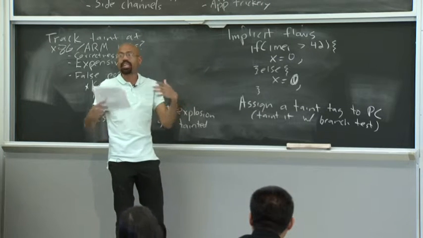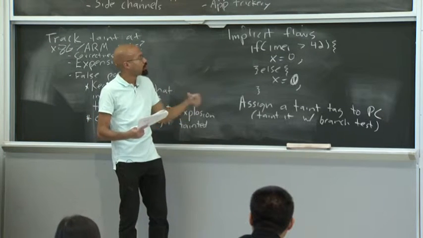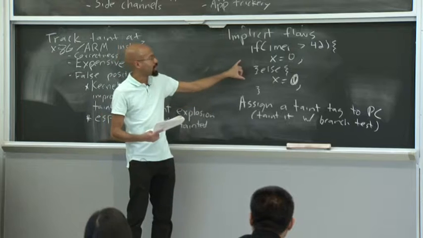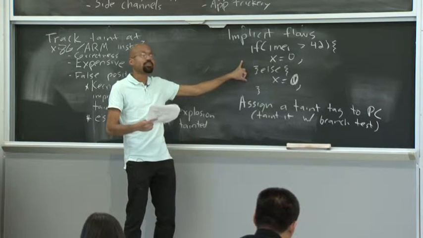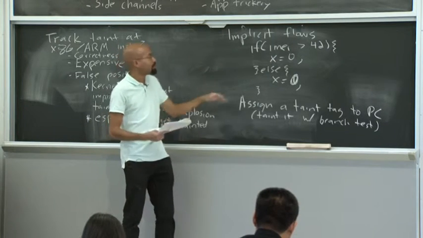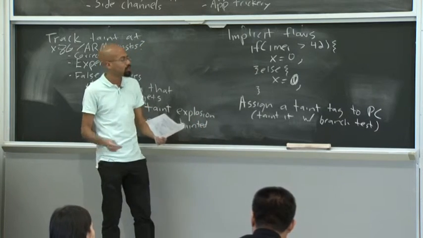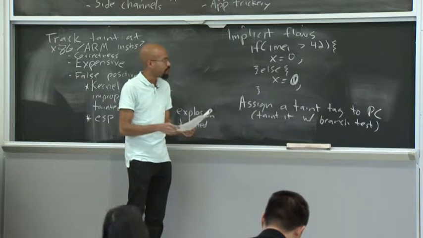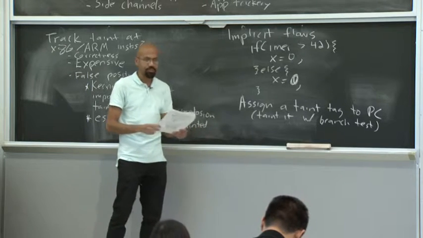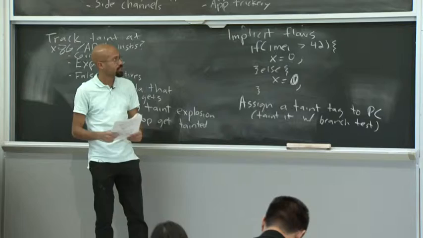But if you do the naive PC tainting scheme, then you might overestimate how much x has been tainted. So suffice it to say, there's some subtlety that you can do to try to get around some of these issues, but it's a little bit tricky. Does this all make sense?